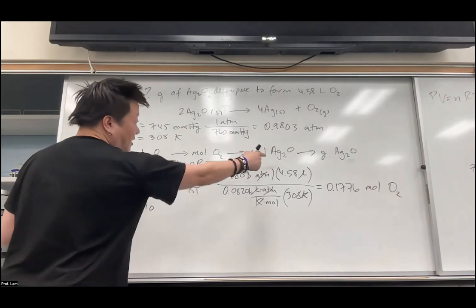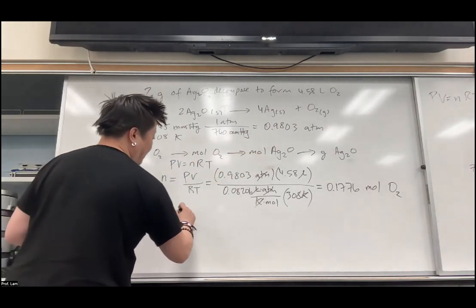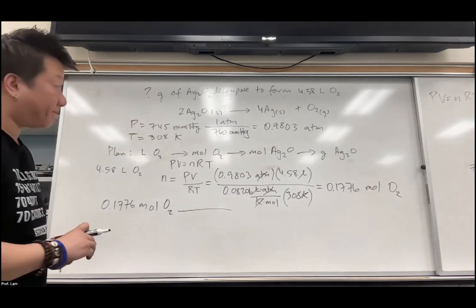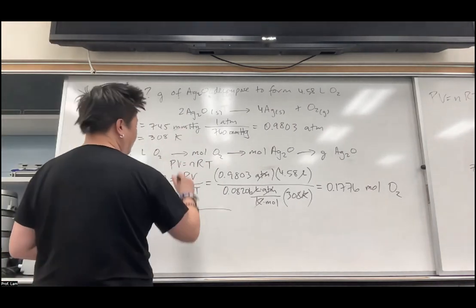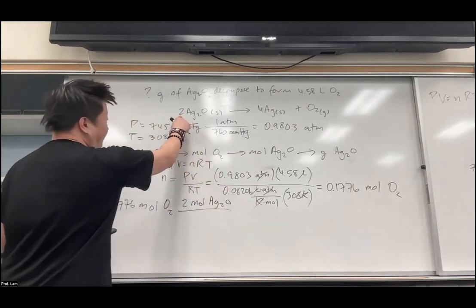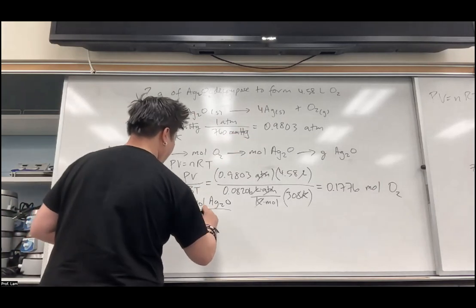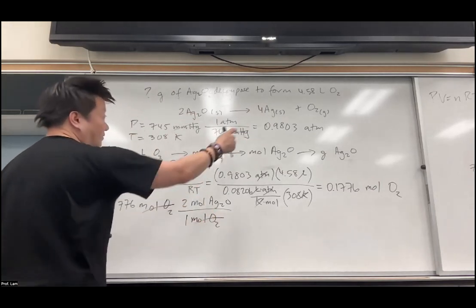We have moles of O2. To get to moles of Ag2O, we need the mole to mole ratio, right? So 2 moles of Ag2O on top, this is from here, and 1 mole of O2 on bottom, right here.